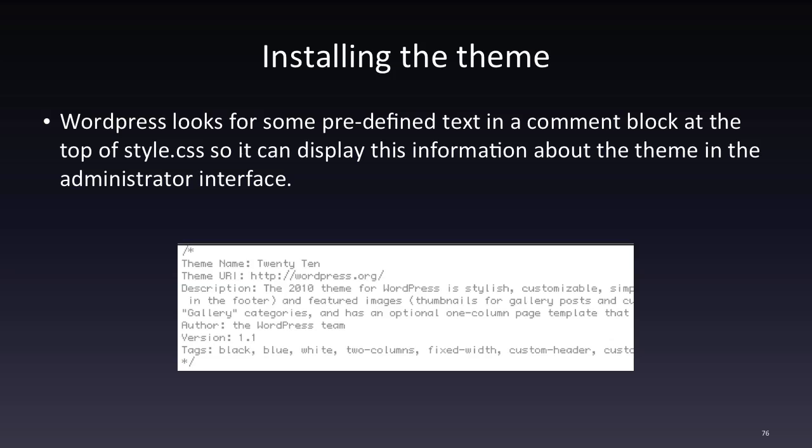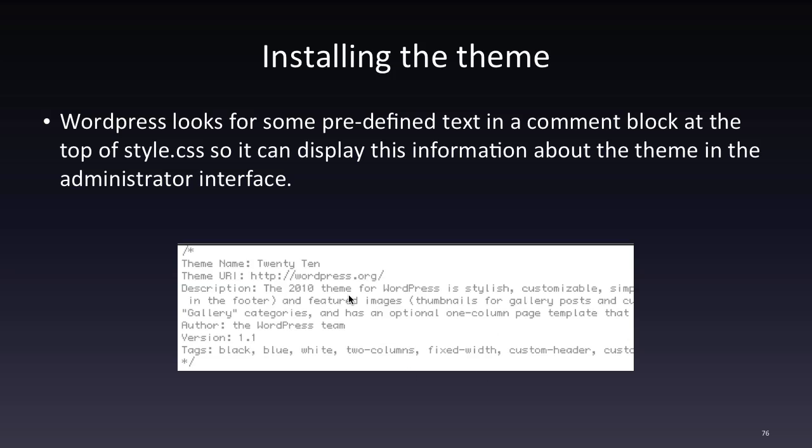Okay, so we'll talk a little bit about installing the theme. It's pretty simple, but again, there are some conventions to follow. WordPress looks for some predefined text in a comment block at the top of your style.css file, so it can display this information about the theme in the administrator interface.